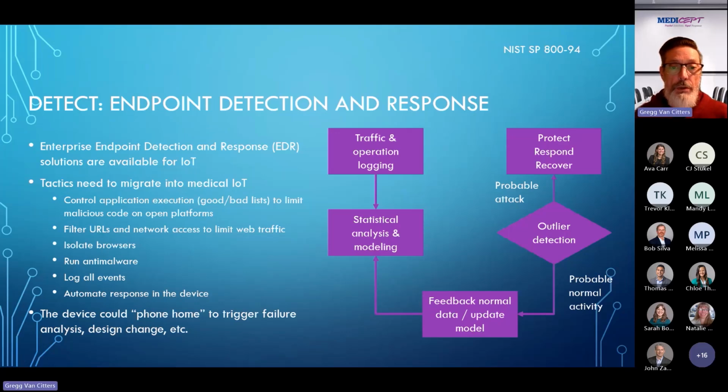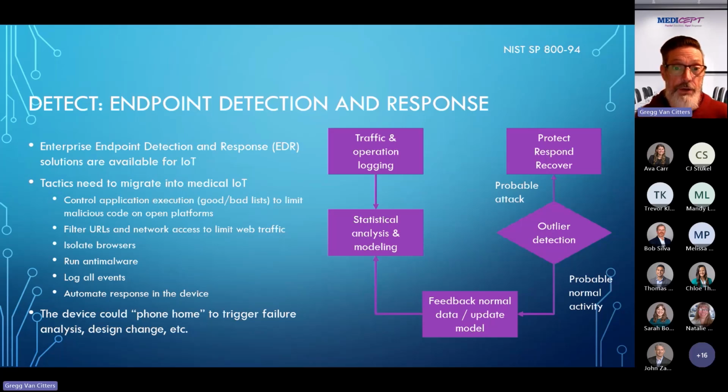One example of such detection is endpoint detection and response, or EDR. This has been long implemented. If you bring your own cell phone or laptop into the workspace, you probably need to install special software that does endpoint detection and response. That software is helping protect your device from allowing attackers into your system.